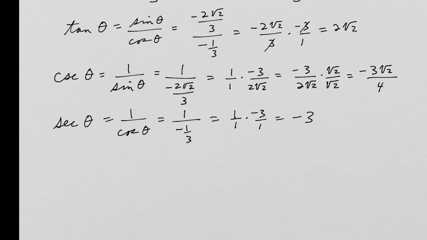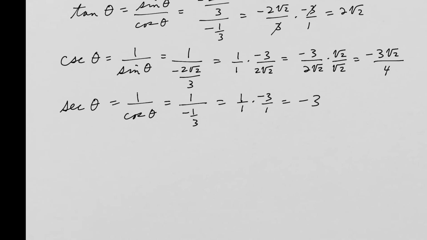So secant is negative 3. And then finally, cotangent is, I can either say it's cosine over sine, or it's just 1 over tangent. Let me just write it as 1 over tangent in this case. So 1 over tangent.